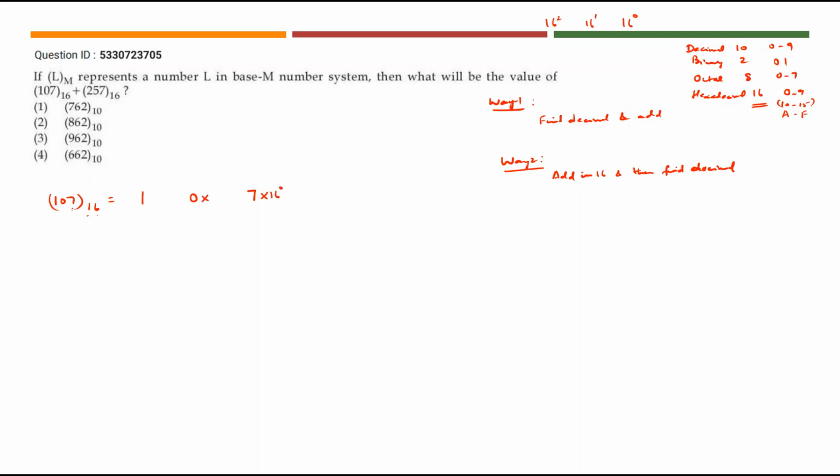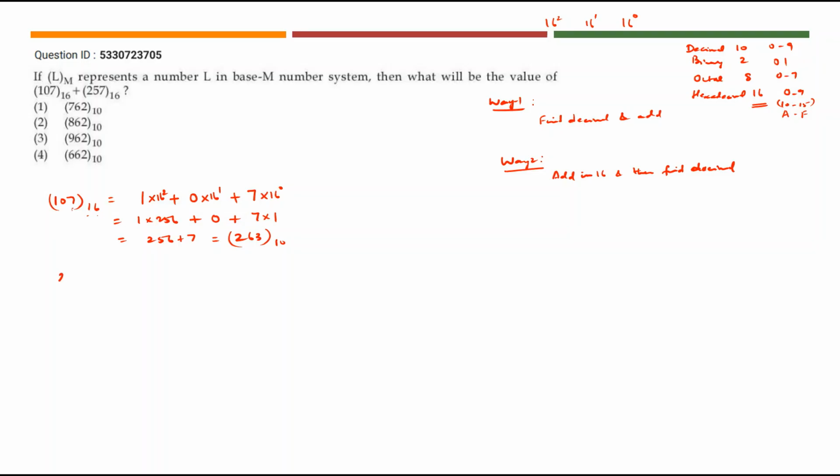This will be into 16 power 1 and this will be into 16 power 2. Now you have to add all these terms. 1 into 16 into 16 will give you 256, plus 0 into 16 power 1 is 0, plus 7 into 16 power 0 is 7. 256 plus 7 gives 263 in base 10.